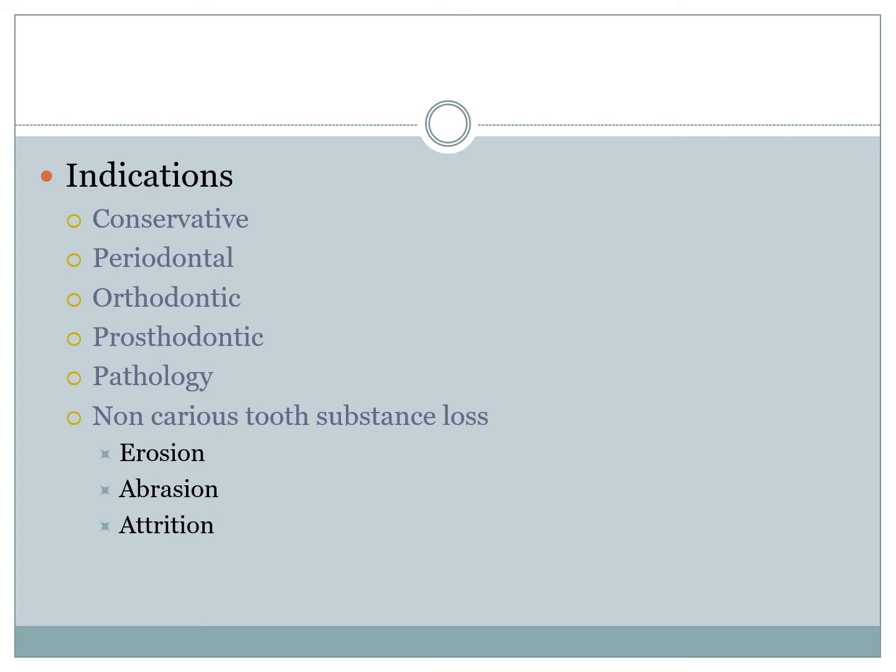The patient has periodontal problems, like grade 3 mobile tooth, and then grade 2, grade 1 like that, and we will go for extraction. Orthodontic reasons. Prosthetic reasons, mostly for prosthetic rehabilitation. There may be a chance of pathological lesions, which again leads to extracting the tooth. And there are non-carious causes like erosion, abrasion and attrition. Abrasion, you already know about the problems.